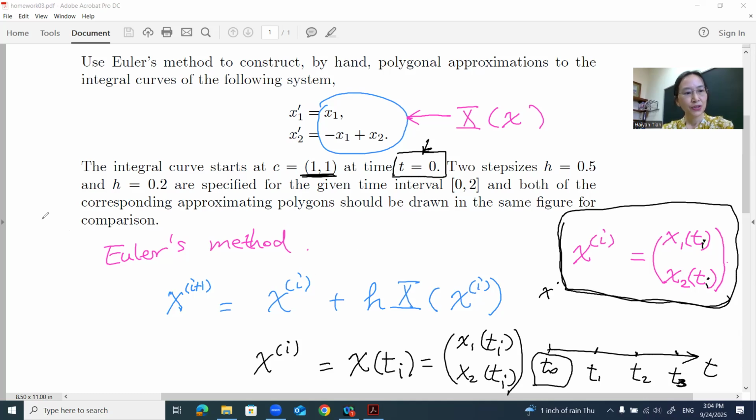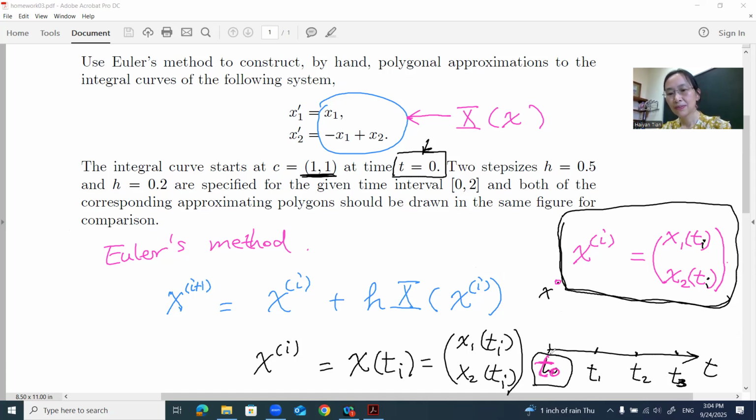So that means you're starting with the initial, when i is 0. When i is 0, that is the solution vector at t0, the initial time.